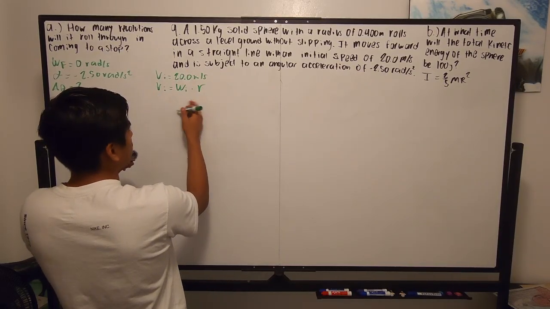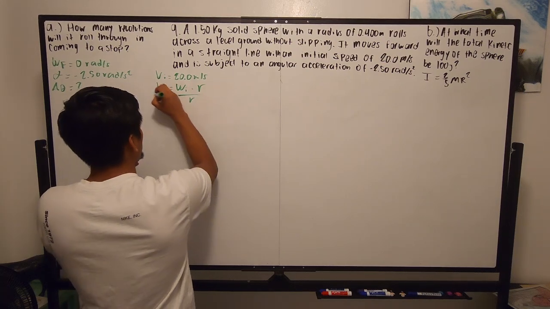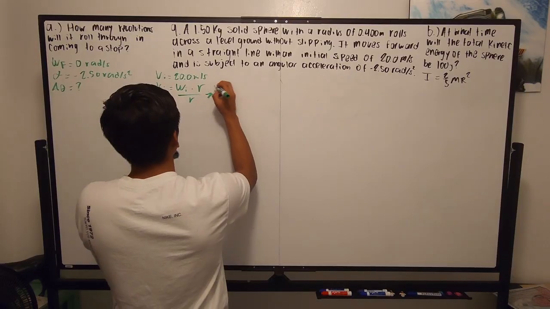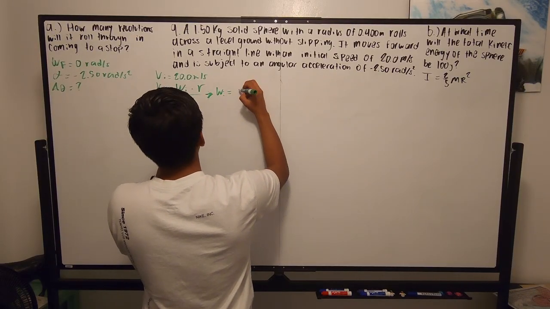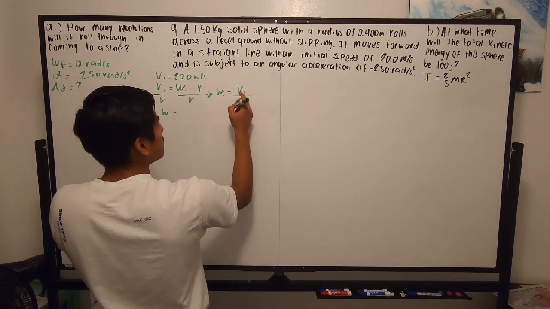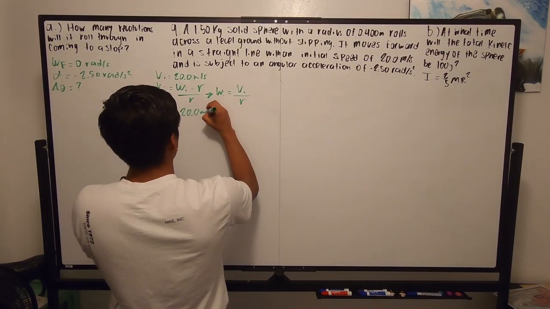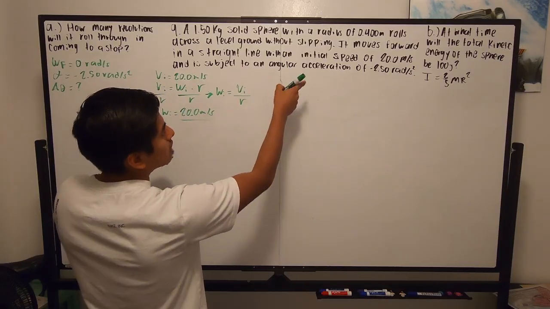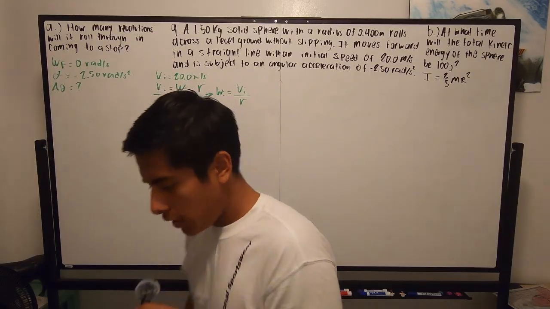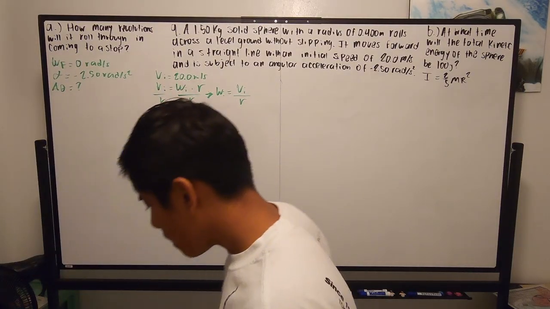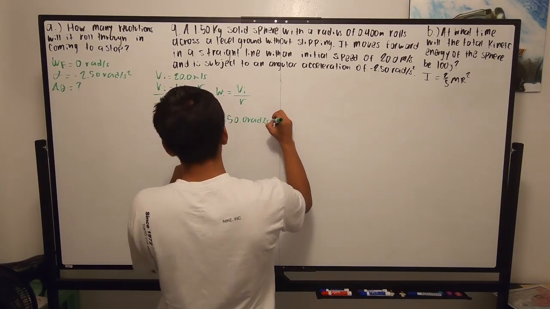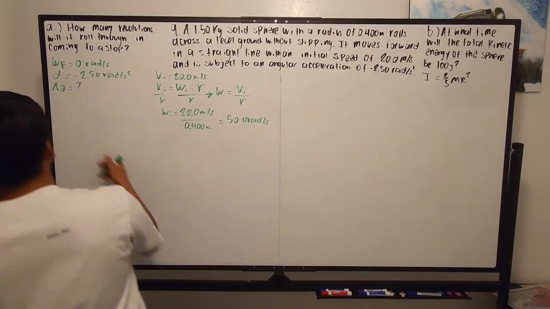So we isolate for omega initial by dividing by R on both sides. Then omega initial is equal to the velocity initial over the radius, which is 20 meters per second all over 0.4, which is equal to 50 radians per second.